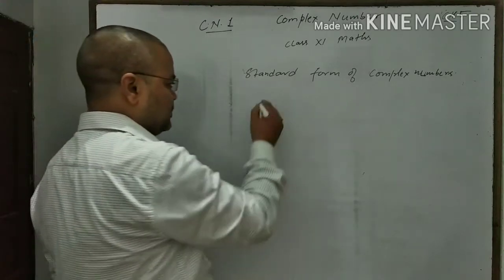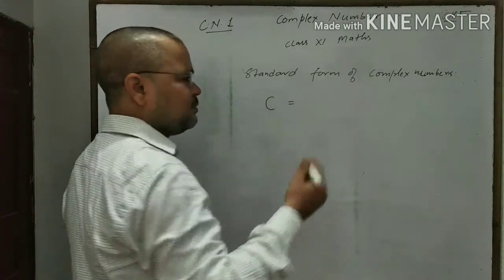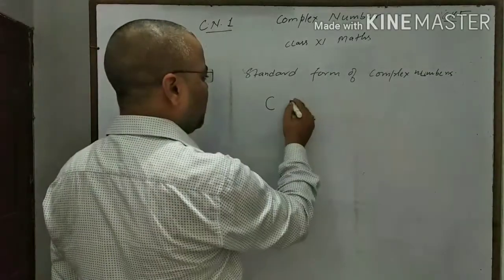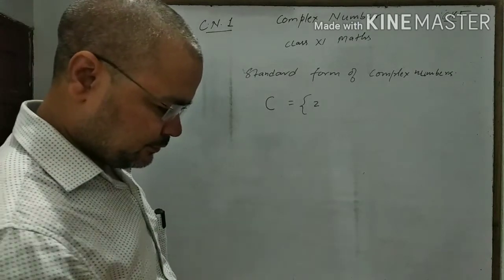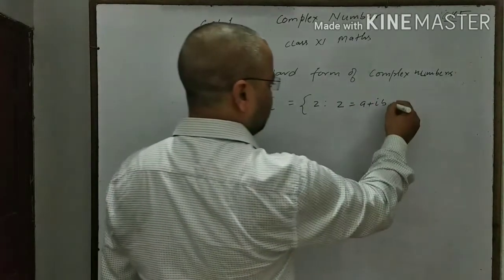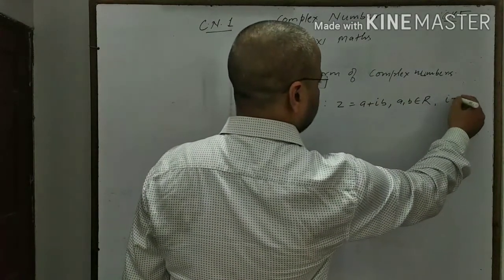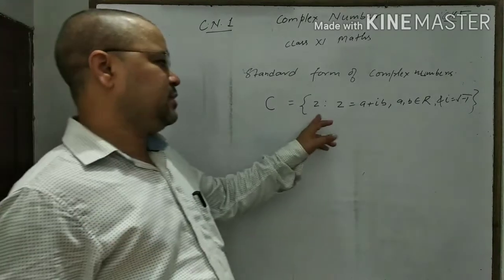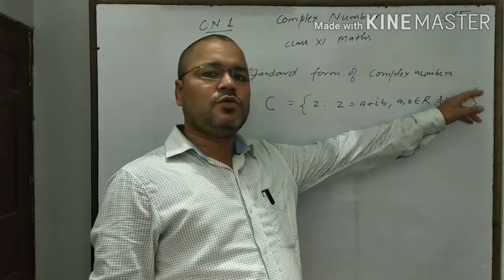The symbol of the complex number set is C, and it is defined in this way: C is equal to Z such that Z is equal to a plus ib, where a and b belong to real numbers and i is equal to under root -1.